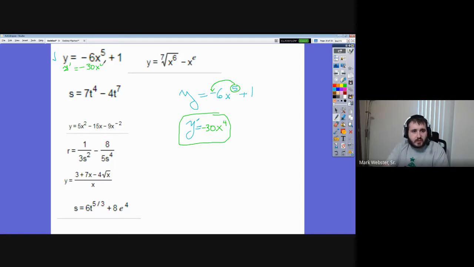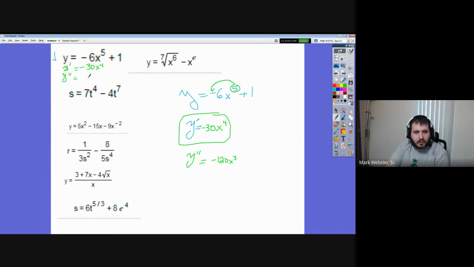And the great thing is, with something like this, you could just keep on taking the derivative. What if I wanted to take the second derivative? Y double prime? Well, then I'd take the 4, I'd boost it down, and then I'd get 4 times negative 30, negative 120, and I bring the exponent down 1 to 3. So I can even put that there too.